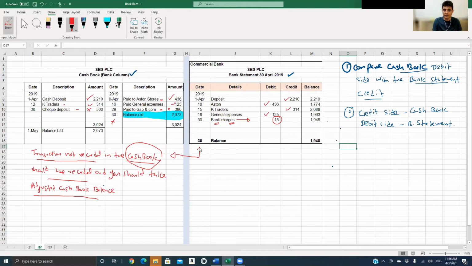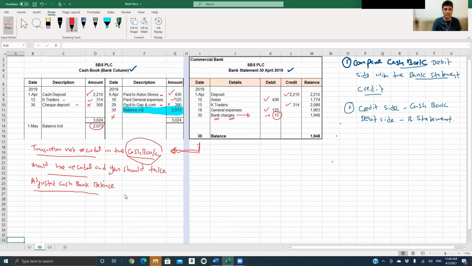So upon receiving the bank statement, now he can check how much has been charged. Therefore, he has to adjust this balance 2073. So 2073 has to be adjusted, and we have to take the adjusted cash book balance. How will you adjust this balance? Now you know the cash book balance. How much?